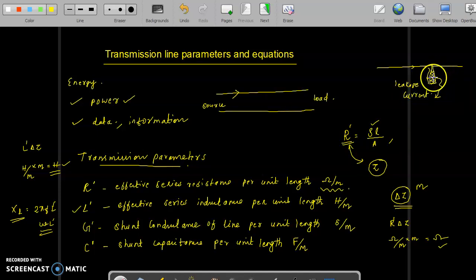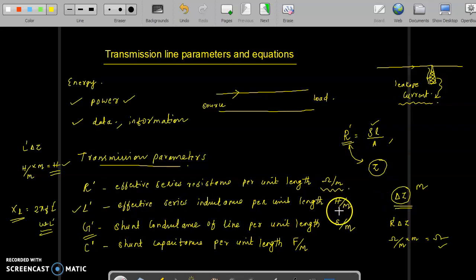This leakage current is because of poor insulation coordination and other conditions, such as the grounding of the transmission tower. So we can incorporate this parameter into our network model using G dash, the shunt conductance of the line per unit length. This G dash also depends on the network length delta Z.